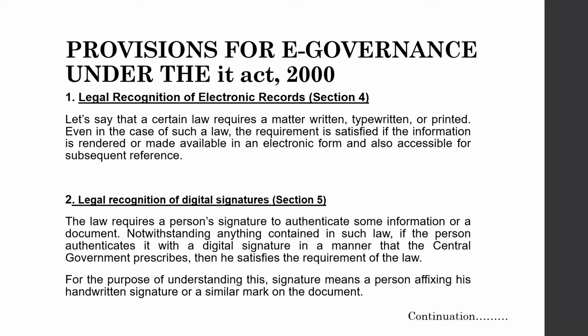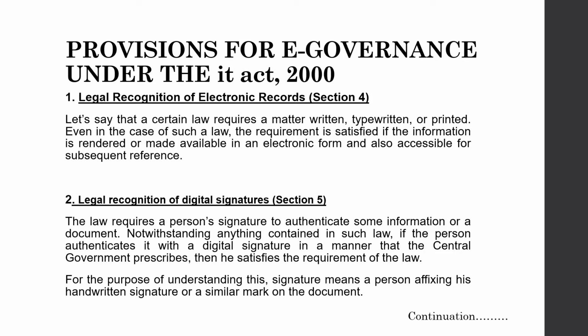Legal recognition means, let's say that a certain law requires a matter to be written, typewritten or printed. Even in the case of such a law, the requirement is satisfied if the information is rendered or made available in an electronic form and also accessible for subsequent reference. So actually how we will record electronically is what matters.